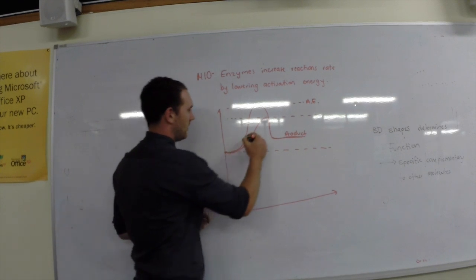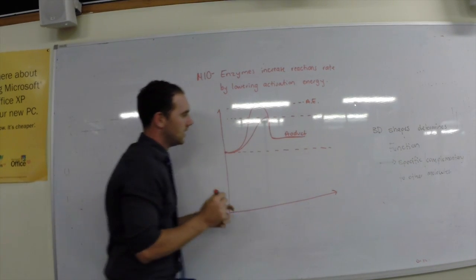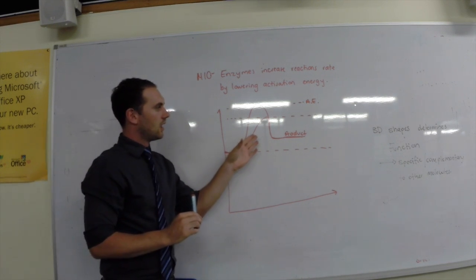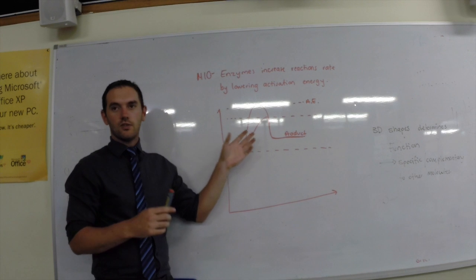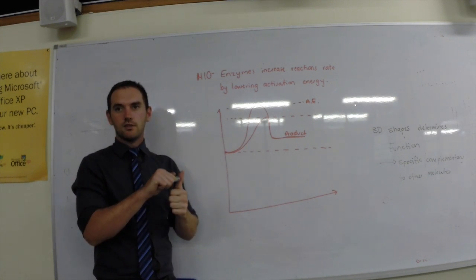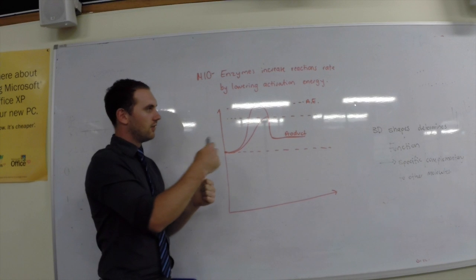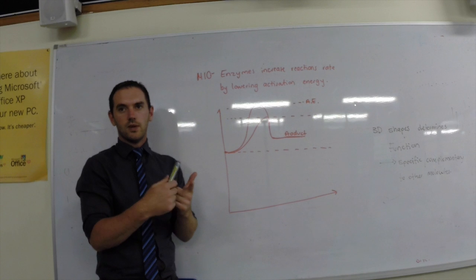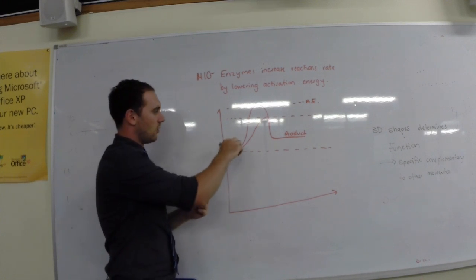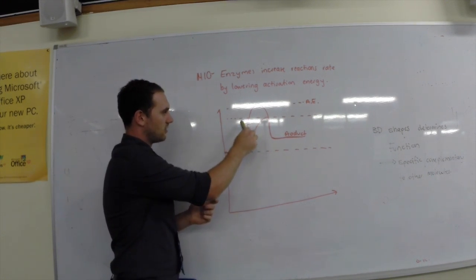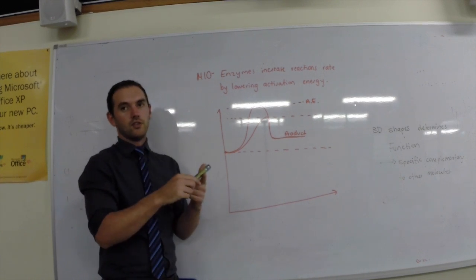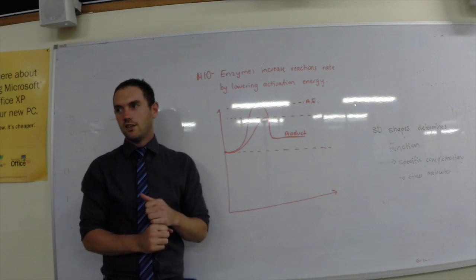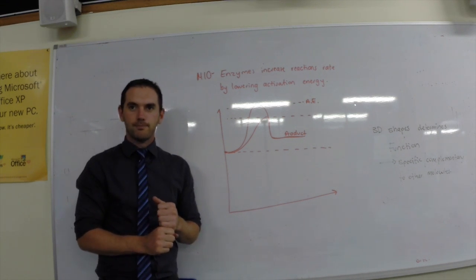It may even occur quicker because we're going to have better orientation, so the chances of reacting are going to occur quicker. And it's going to stress those bonds to make new bonds, so that's going to be faster. So what I would presume is that it would reach the activation energy quicker and produce the product quicker as well. But if anyone finds anything to the contrary, please let me know.